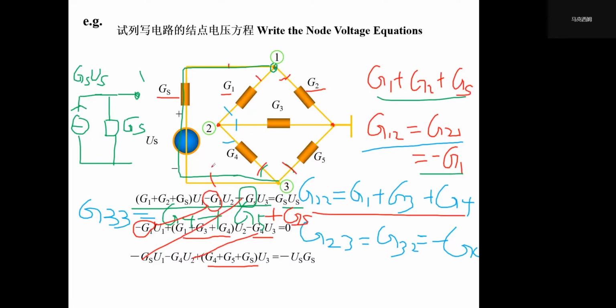And the current, like this one, is flowing out of node 3, so we give it a negative sign: negative US times GS. So this is how we list the node voltage equations according to the standard form.